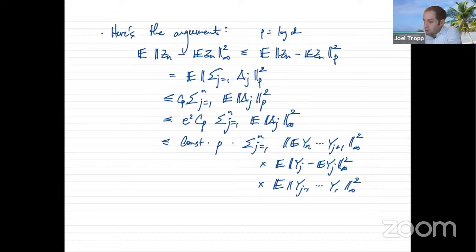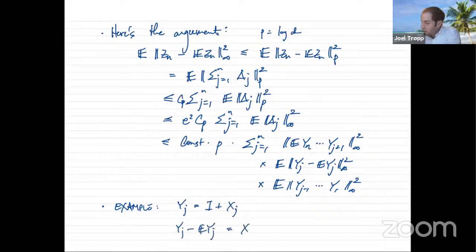Okay. And so I just wanted to give you a very simple example right now to indicate why this is interesting. So if you take each Yj to be a perturbation of the identity, then Yj minus its expectation is simply Xj minus its expectation.